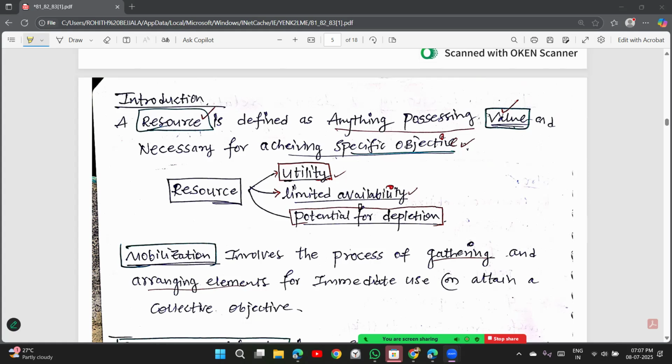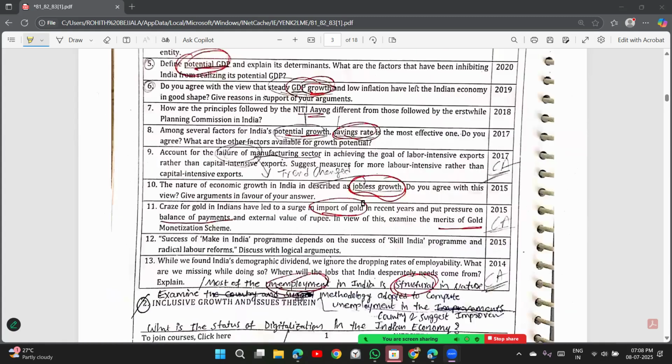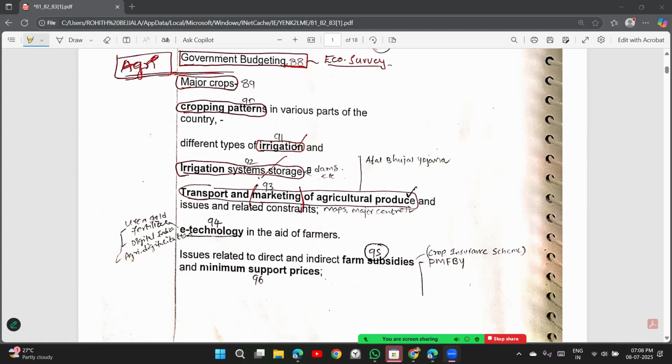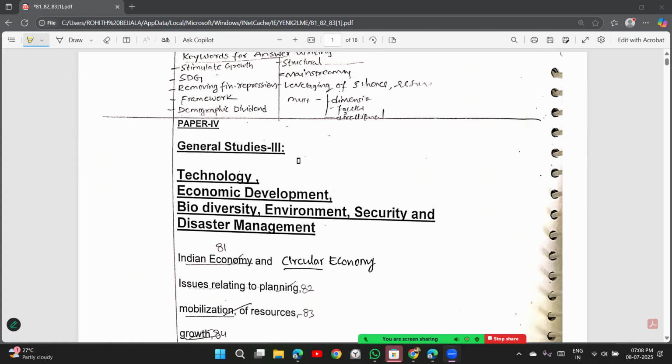The main aim of this initiative is to improve my teaching skills and my clarity on this subject, and also to be consistent for this exam. I have given numbering for every topic of the entire syllabus, and I have written notes for every topic.